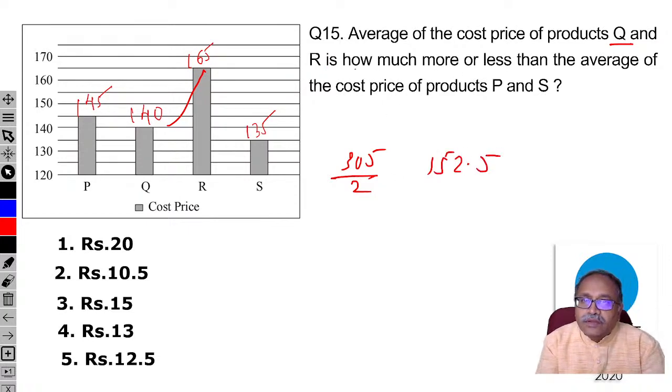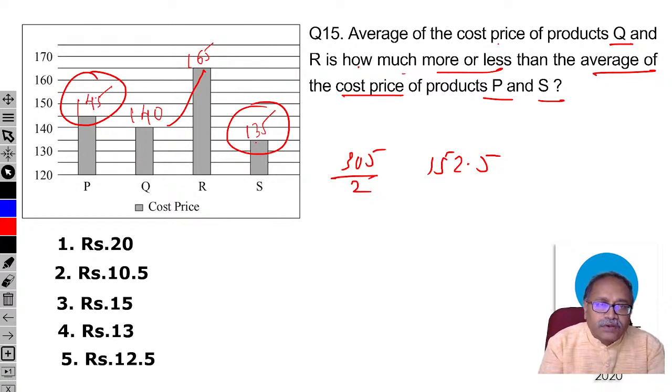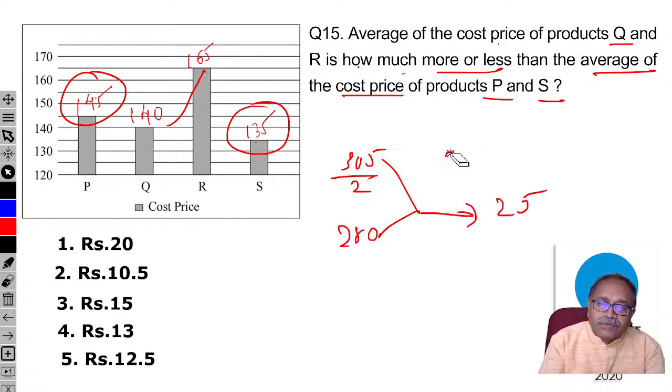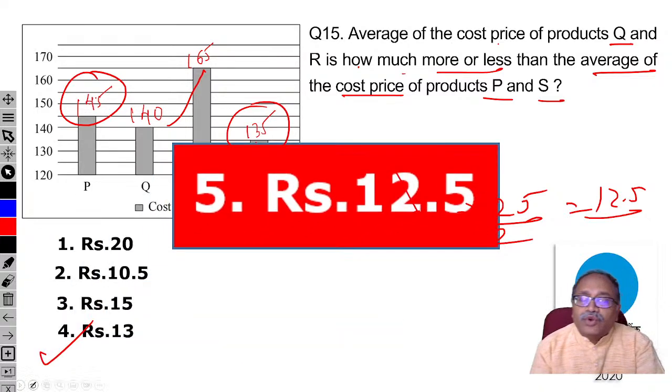And how much more or less than the average of the cost price of P and S? P is 145, S is 135. So let's find the average of this. It comes to 280. Obviously, if we find the difference between these two, it is 25. The average is not needed here. The difference is 25. If we take the average of this 25, it becomes 12.5. That is what your answer is. Option choice 5 is your answer.